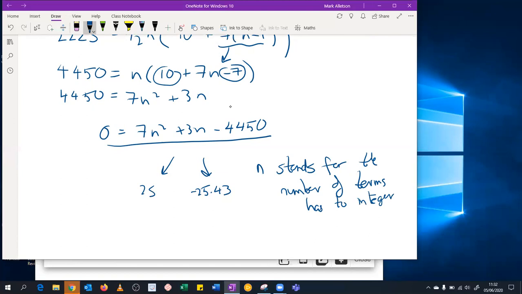It has to be an integer because you can't have a -1 term, -2 term. How many terms there are in a sequence? There are either no terms in a sequence, or there are more than none. So it had to be a positive integer, therefore the answer was n is 25. So n represents the number of terms in a sequence, the 5th term or the 6th term, for example.